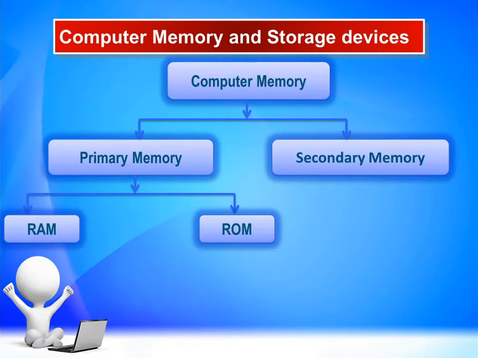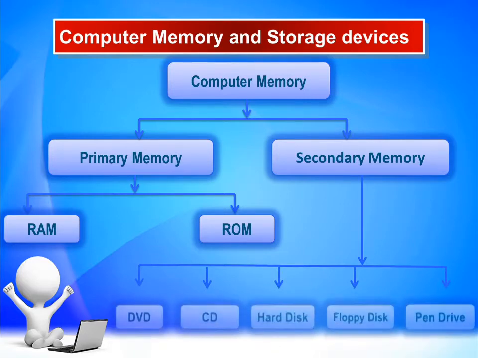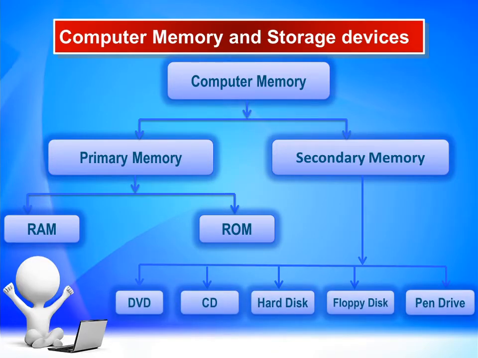RAM and ROM also have their subdivisions that we will discuss later in this session. Now, secondary memory. Secondary memory also can be classified into different types. They are DVD, CD, hard disk, floppy disk, pen drive or flash drive, etc.